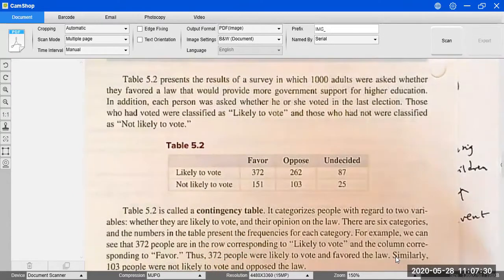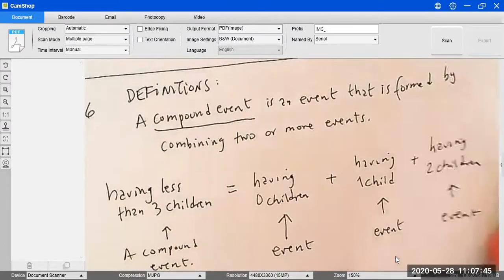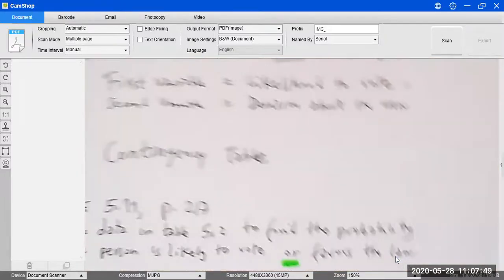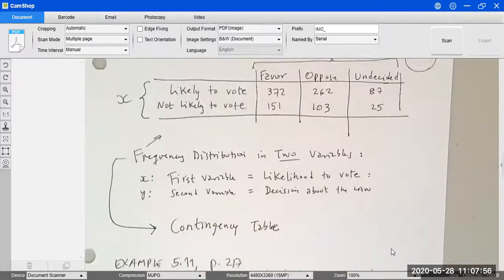So they are categorizing people with respect to two variables. Again, whether they are likely to vote and their opinion on the law. So that's a contingency table. So this is going to be now another way to have frequency distribution. So a contingency table is just a frequency distribution in two variables.